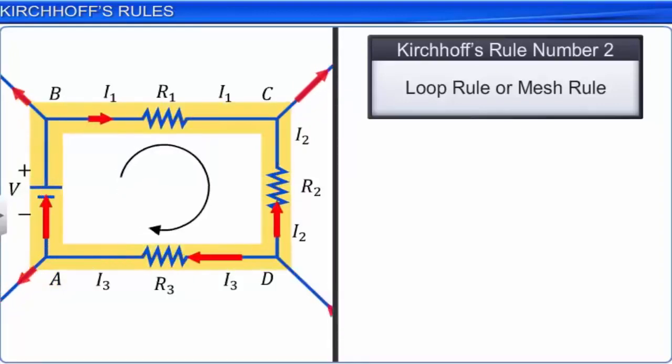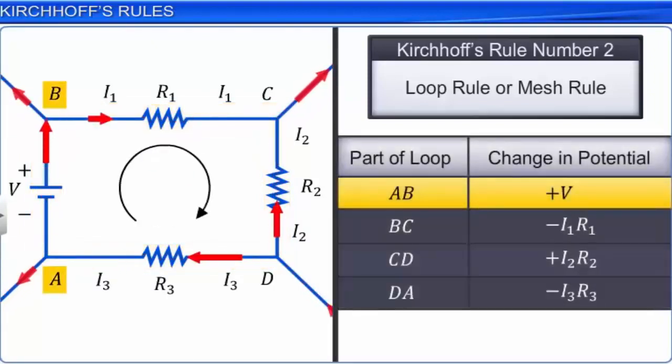AB. While moving from point A to point B, we go from the negative terminal of the battery to the positive terminal of the battery. Therefore, the change in potential is plus V, which is the voltage of the battery.